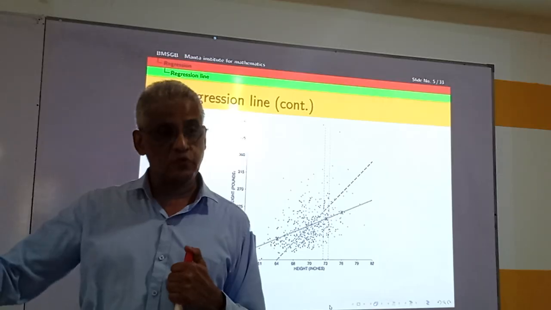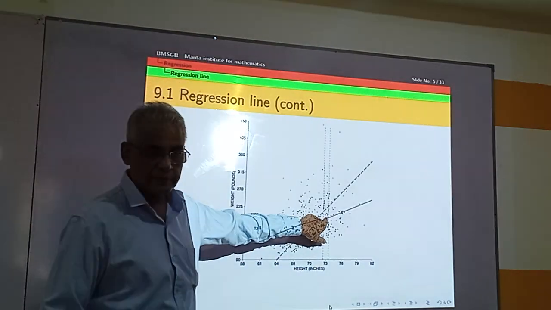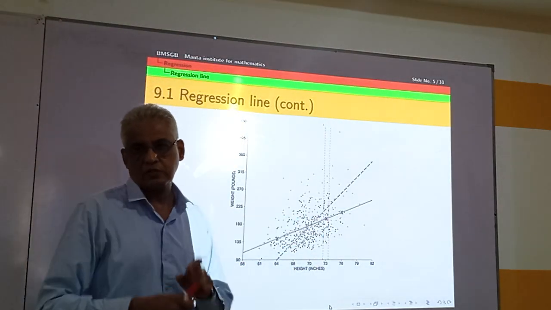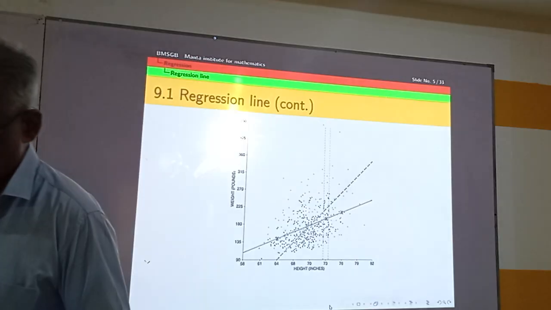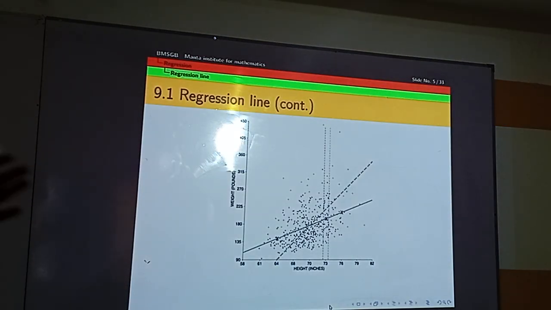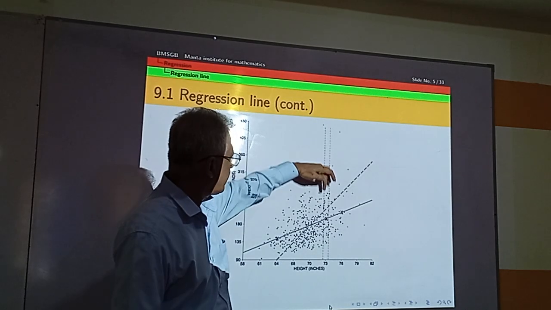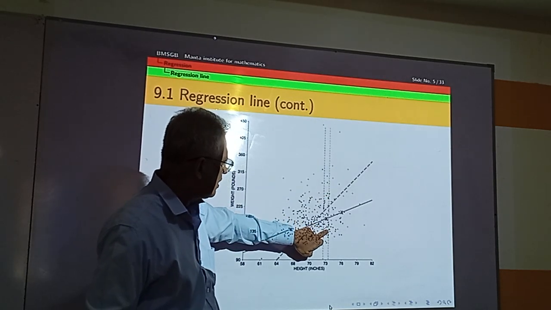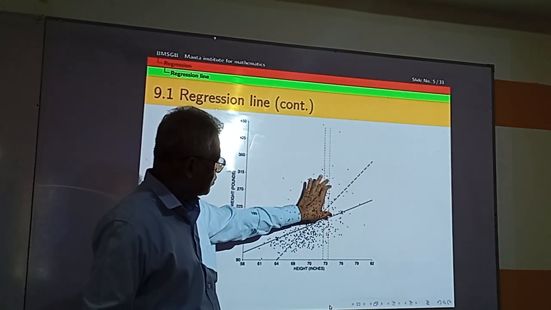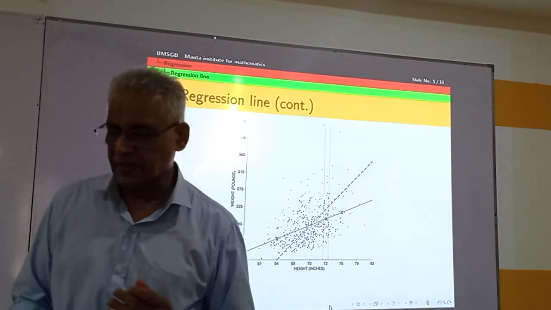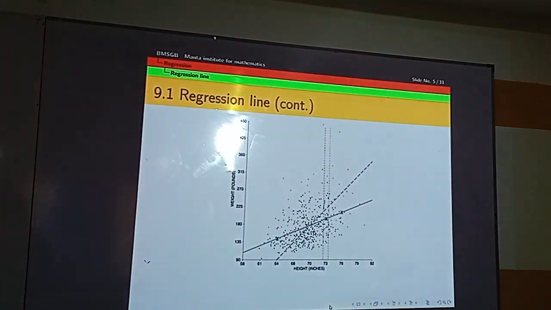My prediction of his weight will be this number here. So that will be my prediction, right, using the regression line. So there will obviously be some error. His actual weight can be somewhere here or somewhere here. My prediction is there, so there will be some error. That's called the prediction error in that case. Right.